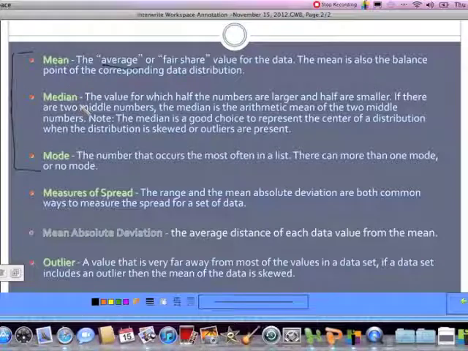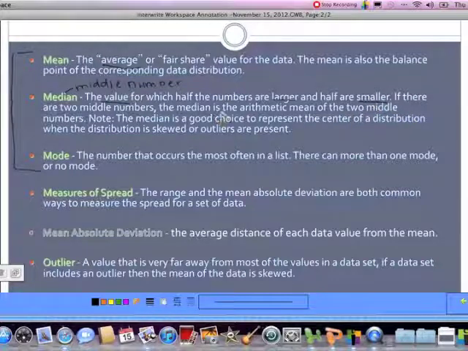The median is the second type of measure of central tendency. The median is like the middle number in your set of data. So as you're filling in your vocabulary words, you should say, fill in the value for which half the numbers are larger and half are smaller.